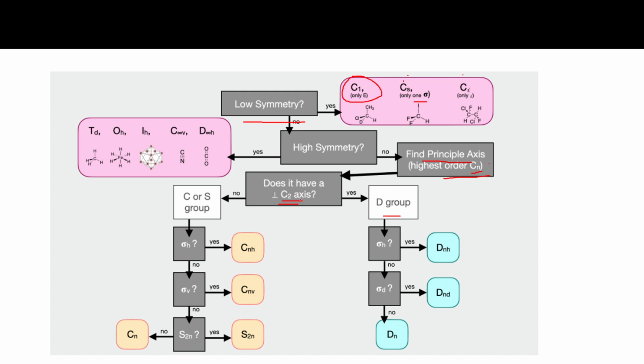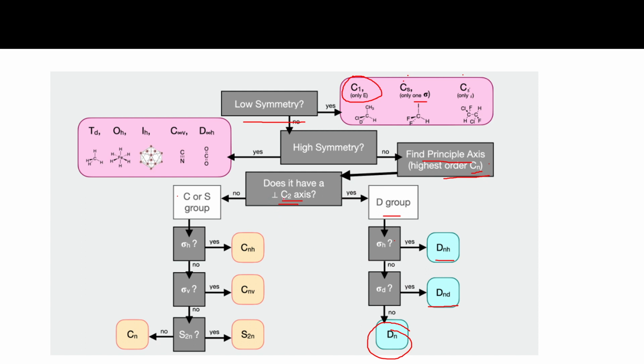If they are not perpendicular to the principal axis, then C or S will come. So if sigma H is present, that will be Dnh. If there is no sigma H present, only sigma d planes, then there will be Dnd. And if there is no sigma H present, that will be Dn.